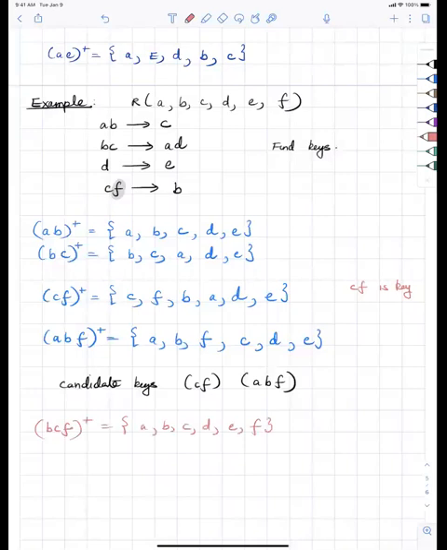So BCF is just a super key. It's not a key, because it's not minimal. Did everyone understand? So far, have you understood what's going on?